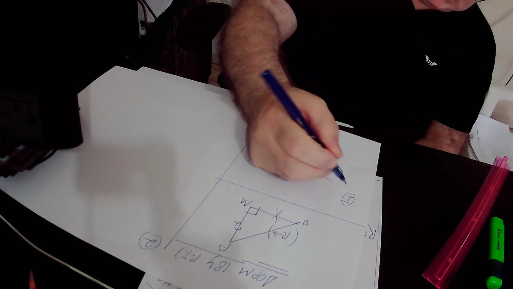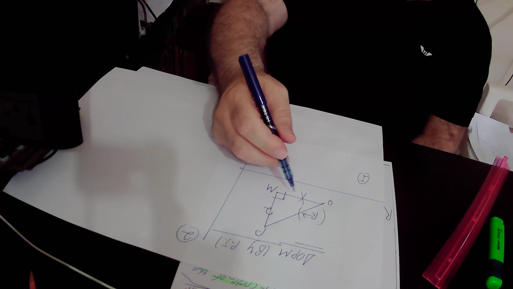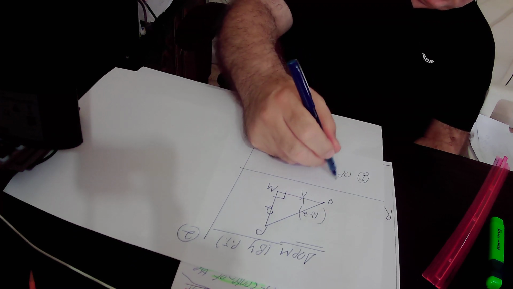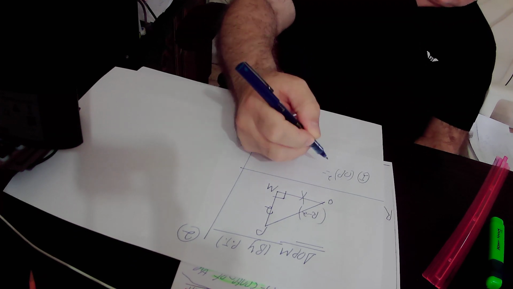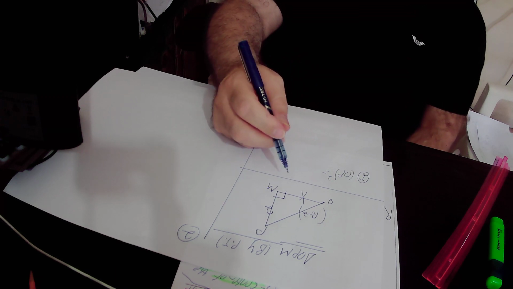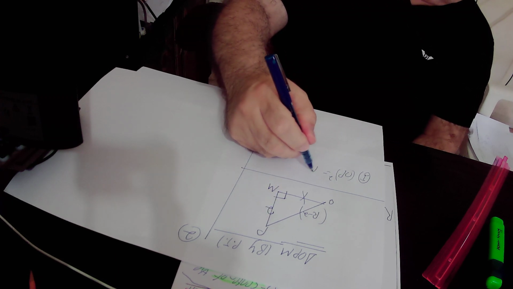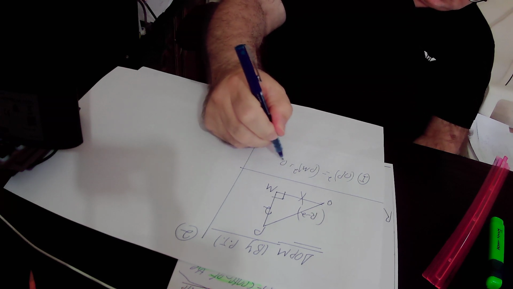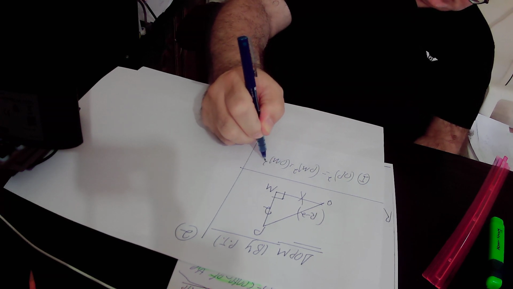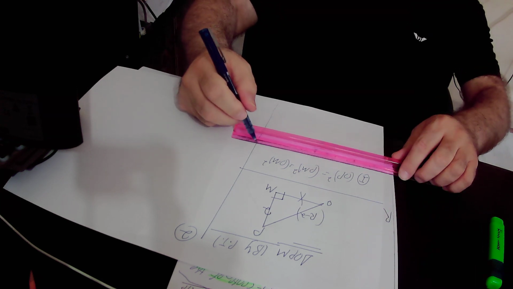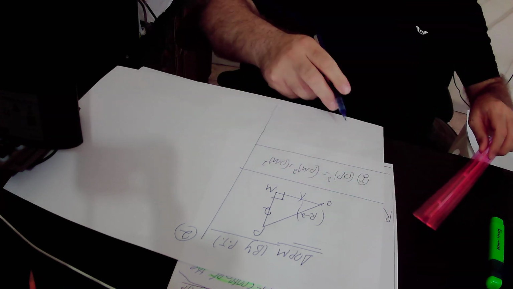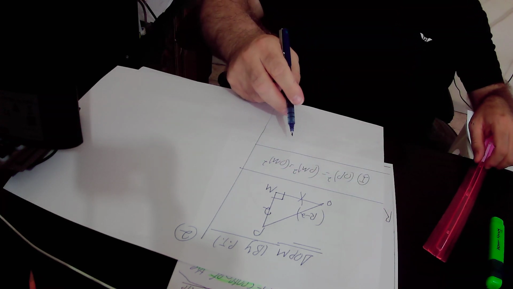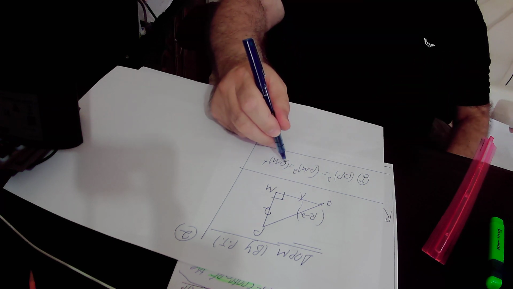The hypotenuse is OP, therefore the square of the hypotenuse is OP squared, and it must be equal to PM squared plus OM squared. So in question number 1, we found out that OP squared equals PM squared plus OM squared.